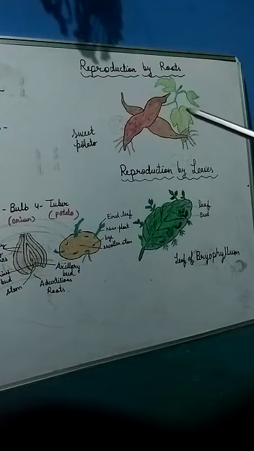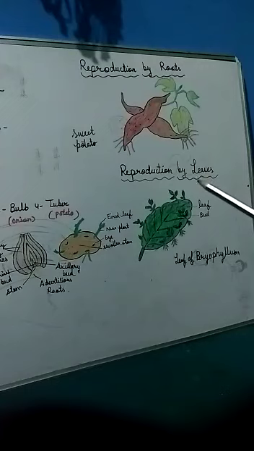The root tubers of sweet potato have buds on them which can grow to produce new sweet potato plants. These plants are reproduced by vegetative propagation through their root tubers.